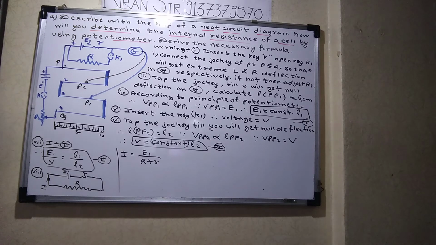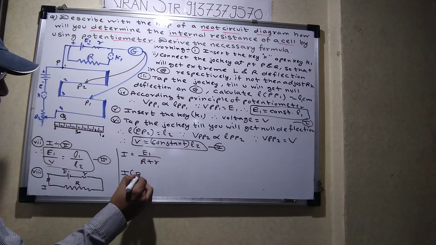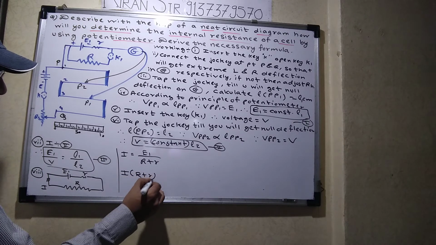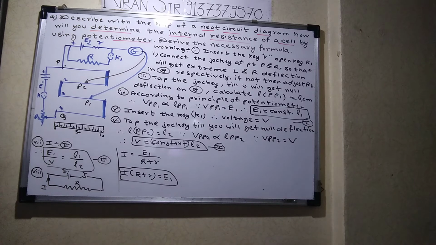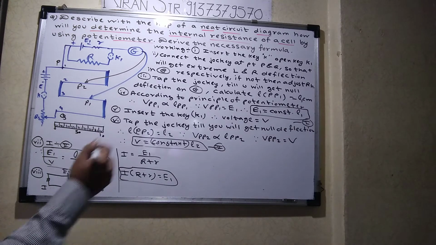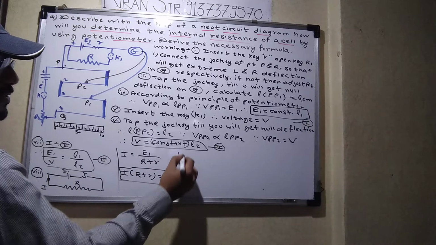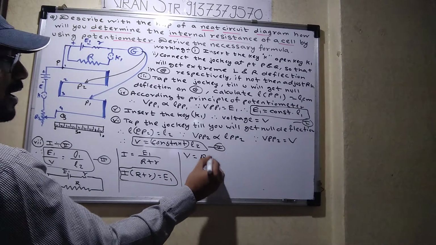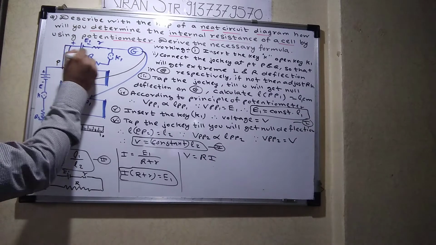So E1 is I multiple of R plus small r. And what is the voltage across the resistance? Voltage is given by V equals R I.